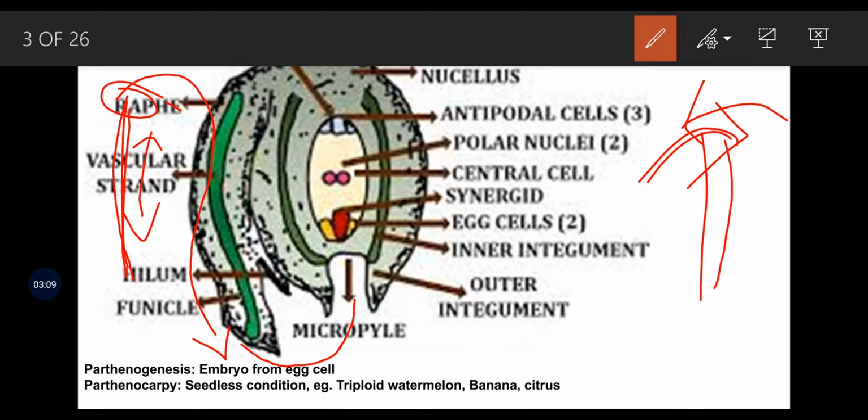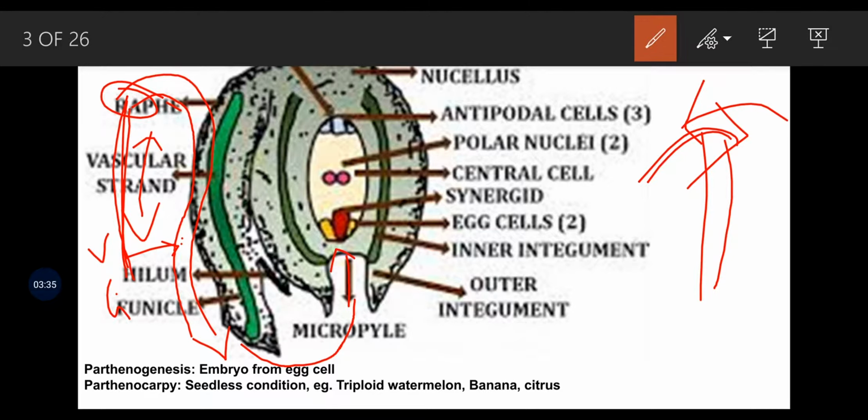and it again depends on the different species or different genera. Whenever this particular pollen is traveling, it will undergo mitotic division and divide into two nuclei, one vegetative nucleus and one generative nucleus. After this division, it will enter the micropylar end.